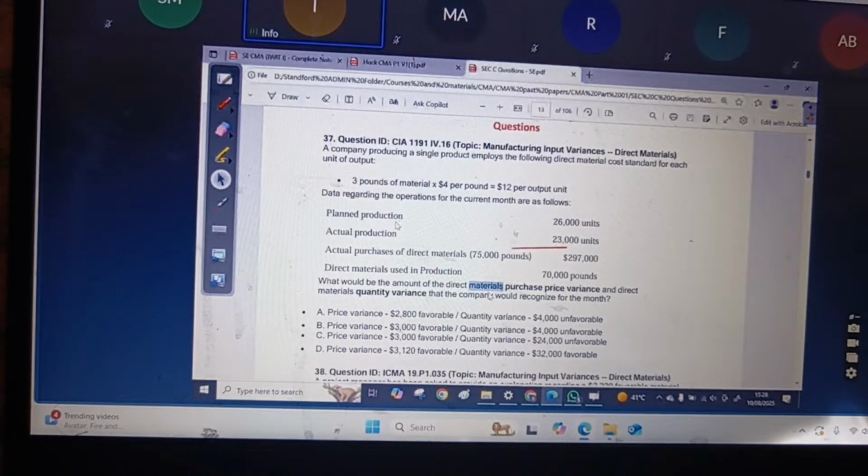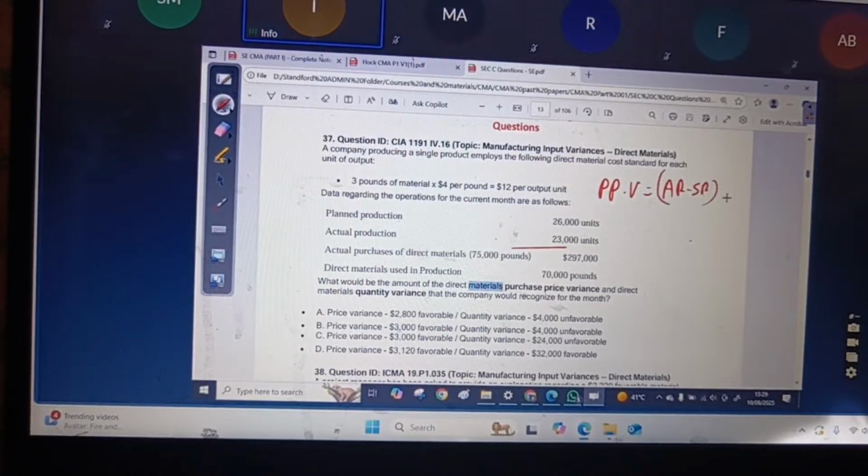They're asking material purchase price variance and direct material quantity variance. Material purchase price variance is actual rate minus standard rate for the actual quantity purchased. Efficiency variance is actual quantity minus standard quantity for standard rate.